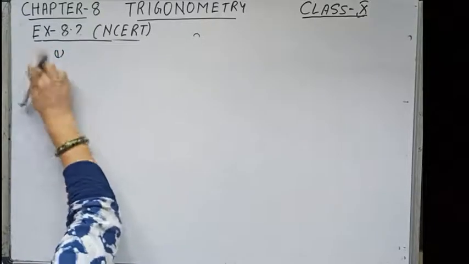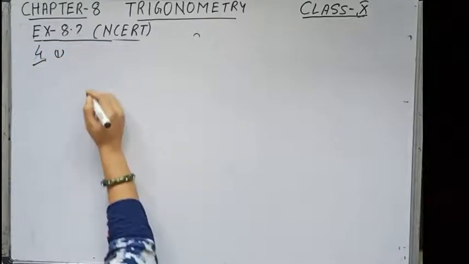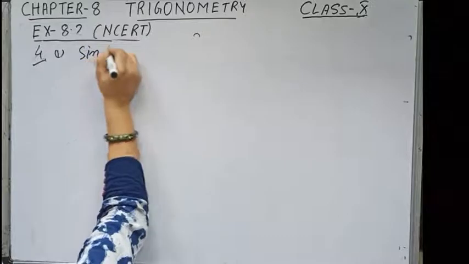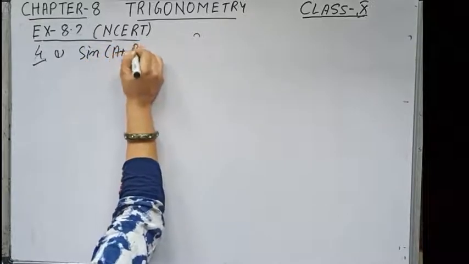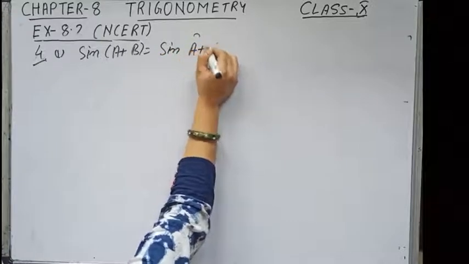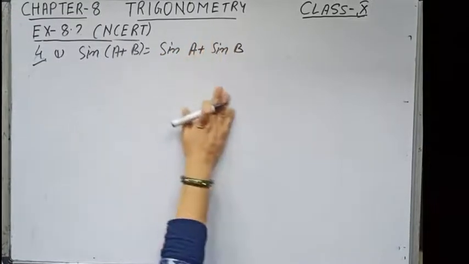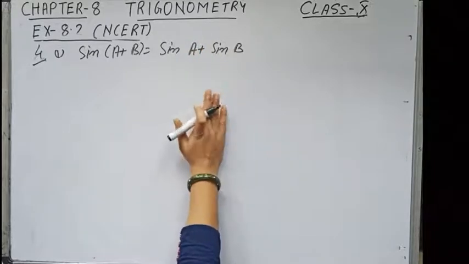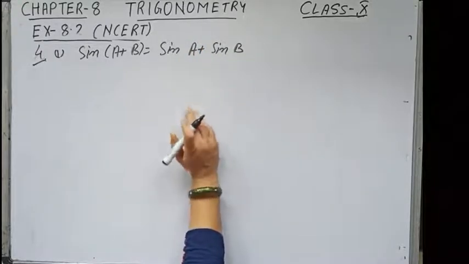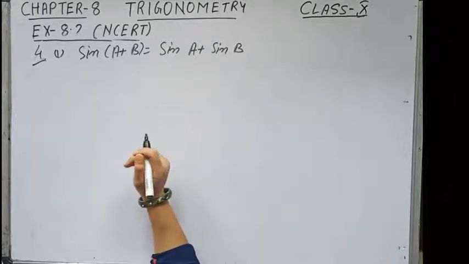So let us do question number 4, number 1. Sine of a plus b equals to sine a plus sine b. Now this statement is false, children. This I am knowing, but in standard 11, after going through the concept, you will also be knowing.